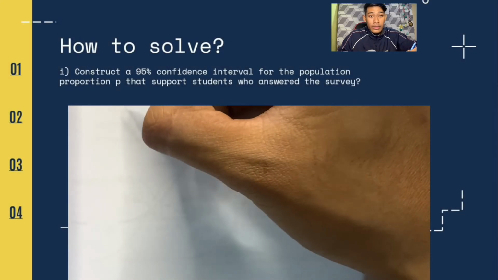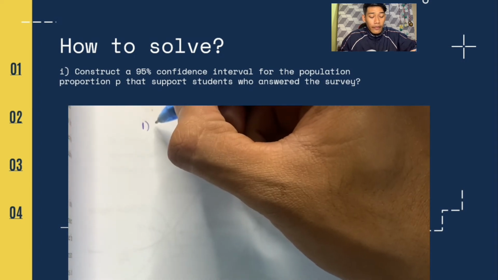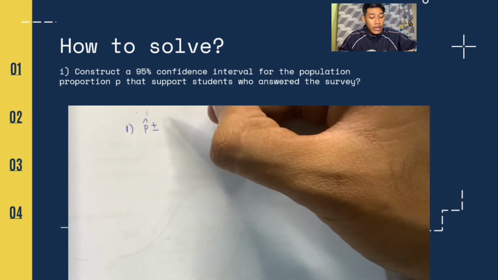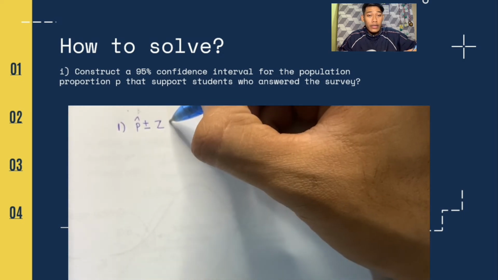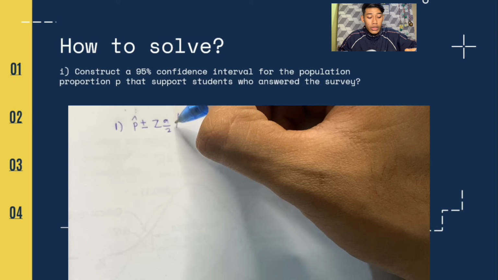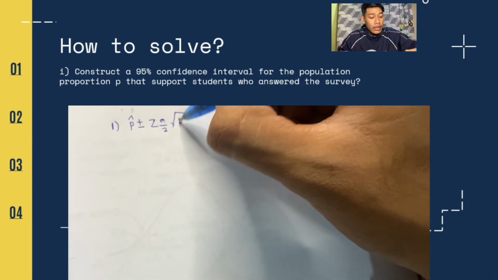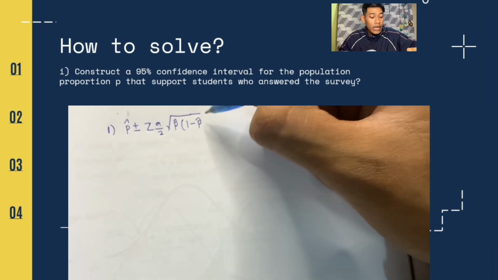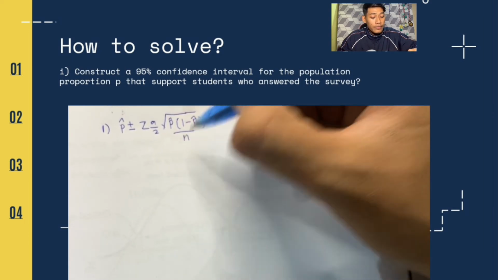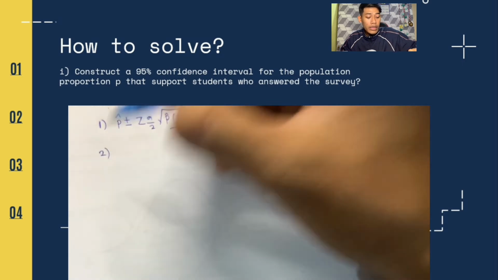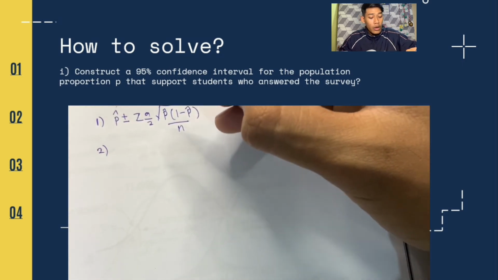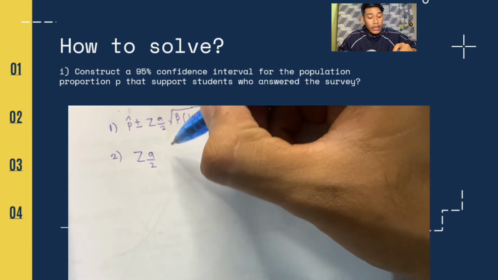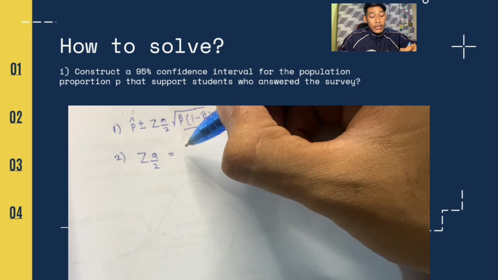Okay, first step is we must find the formula. So we need to use the formula of confidence interval, which is P proportion plus minus Z alpha divided by 2 times square root of P proportion times 1 minus P proportion divided by N. Okay, so the confidence level that has been given is 95%.